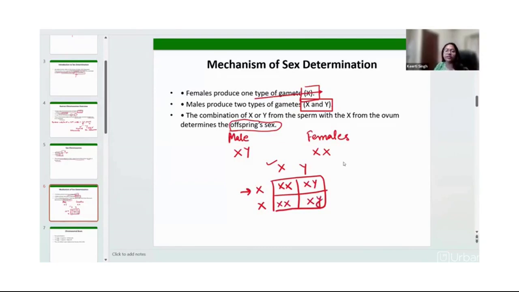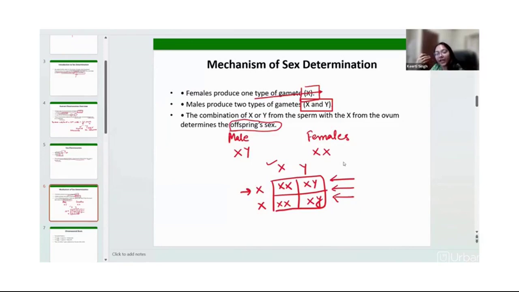So here what you can infer first is that there is always a 50% chance of the unborn child being a male or female, right?